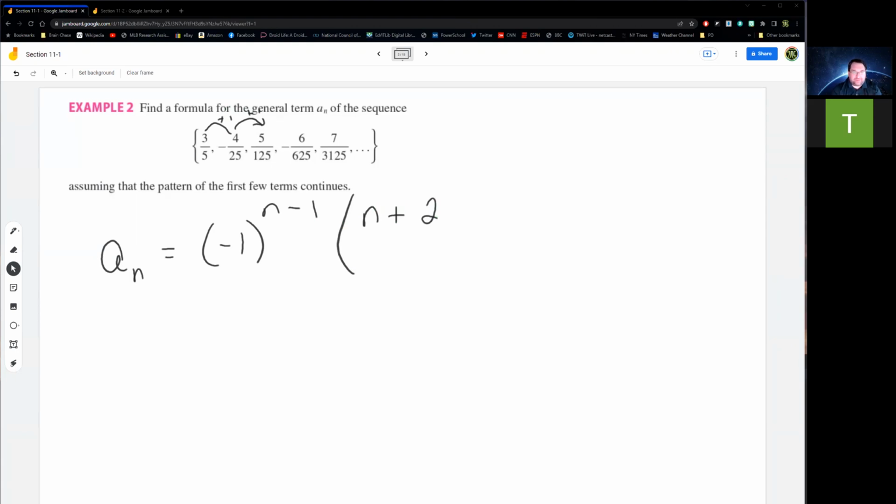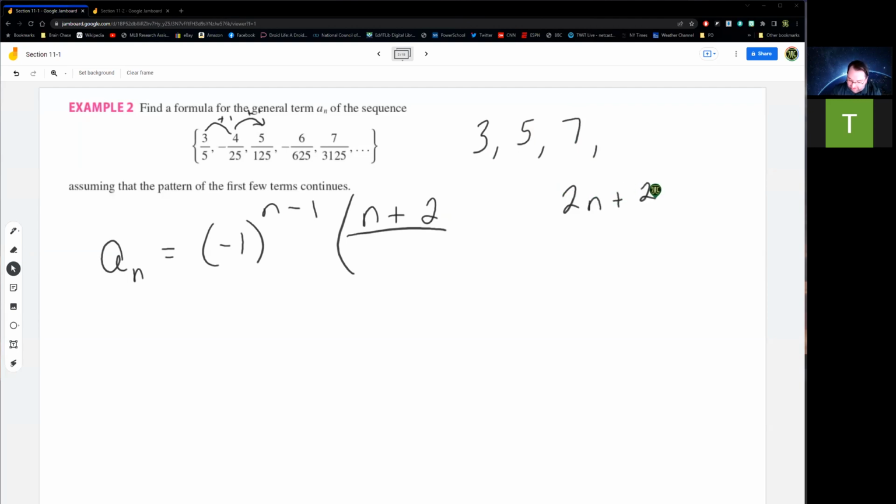Okay, here comes the inevitable question. Why is it +2 when I said it was going up by 1? Because if you remember slope-intercept form, the number in front of the n is actually what you're adding. So if it was going 3, 5, 7 like that, it'd actually be 2n plus 2.